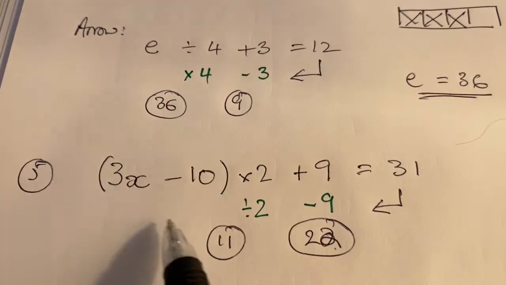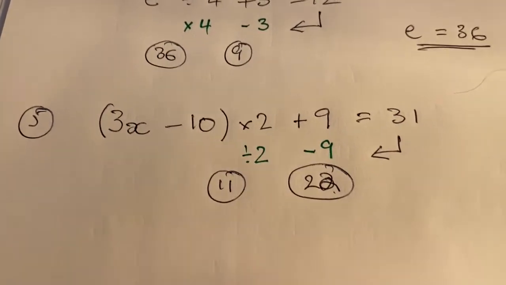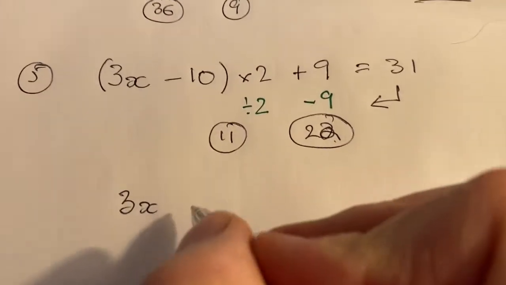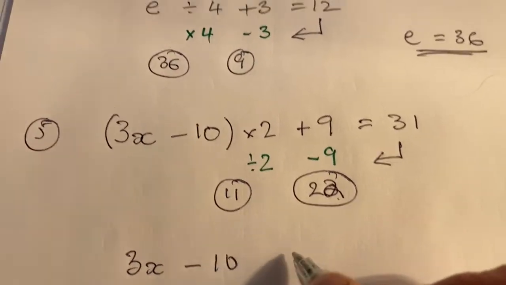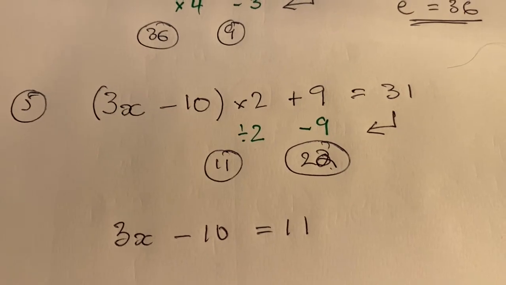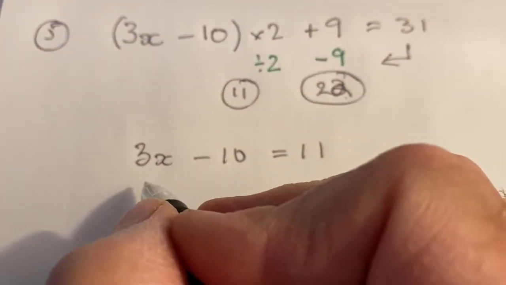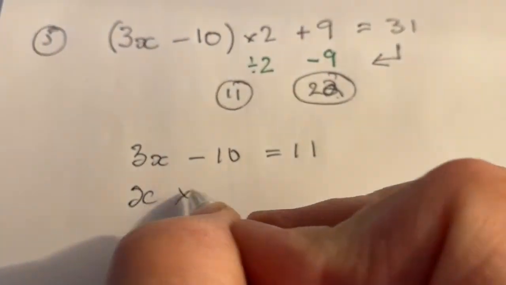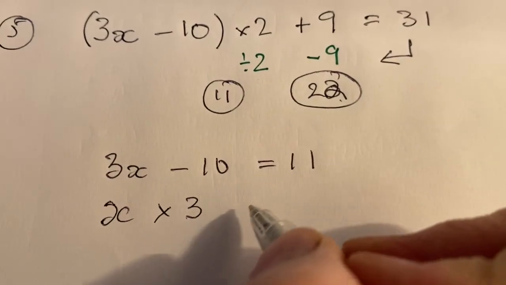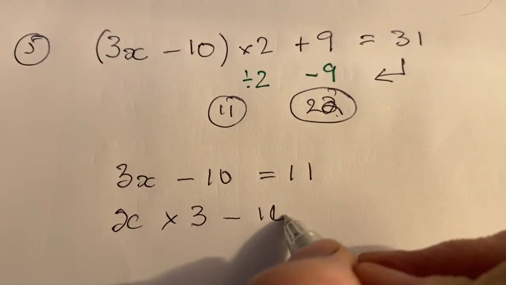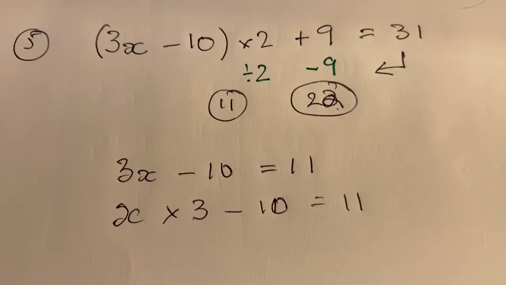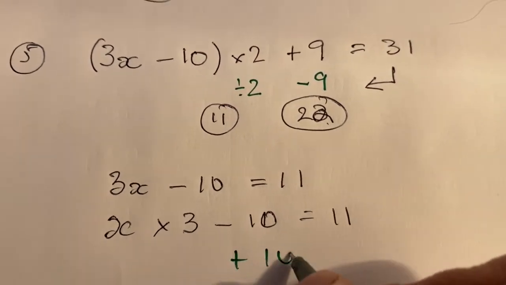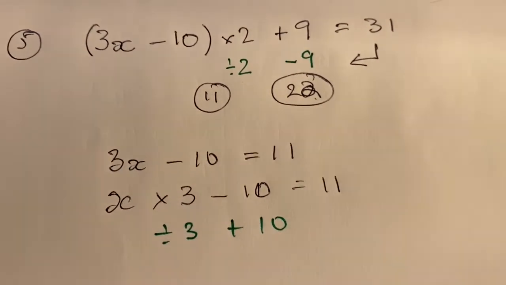So now I can just concentrate on this bracket, and I think that's a nice way of doing it. So let's look at that. 3x minus 10 equals 11. So remember what I have here is 3x means x times by 3. Come on, focus. Minus 10 equals 11. So let's go backwards, add 10, divide by 3.